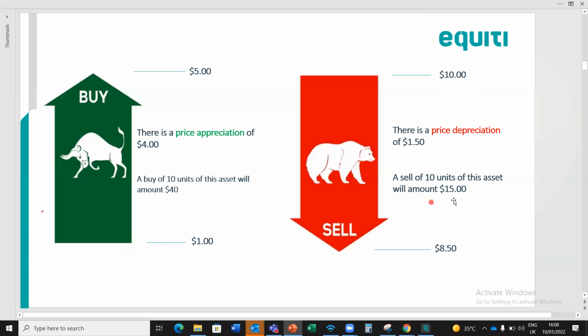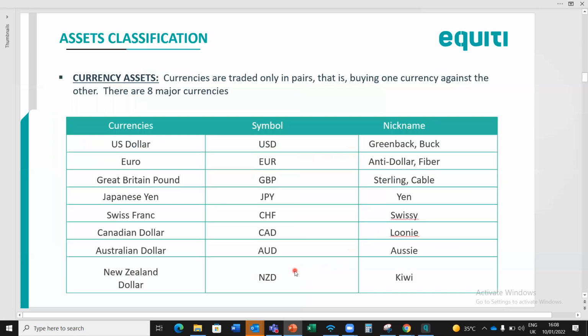That will amount to what? $15. And your broker is going to pay you this $15 because it's a what? Contract for differences. Your broker pays you the differences in the settlement price, or you pay your broker the differences in the settlement price should your analysis go bad. Should your analysis go the other way, let me put it that way. All right, let's quickly continue.